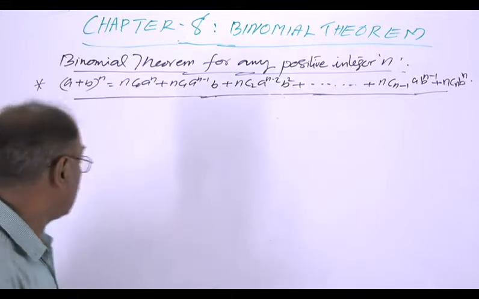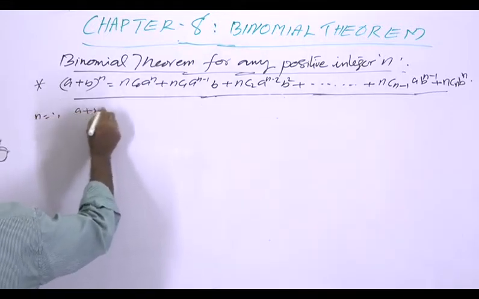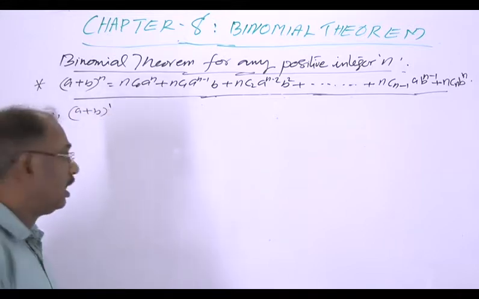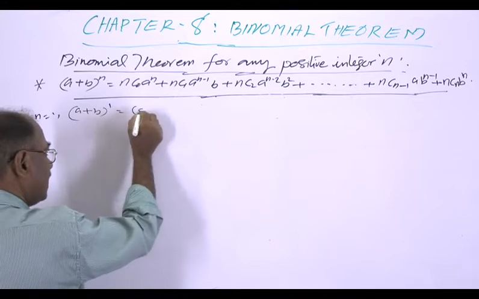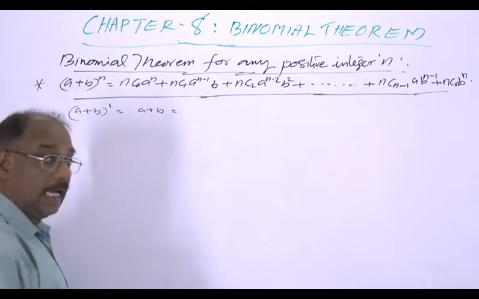If n = 1, then (a + b)^n equals (a + b)^1, and (a + b)^1 is clearly a + b.